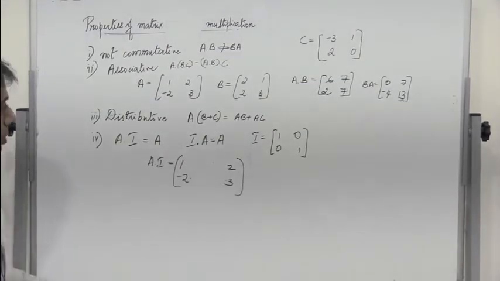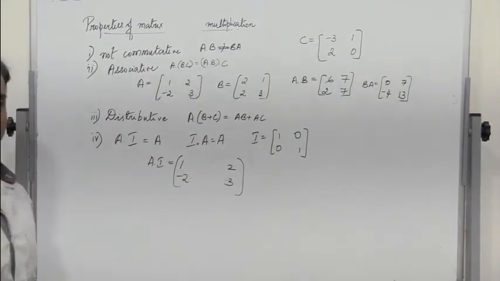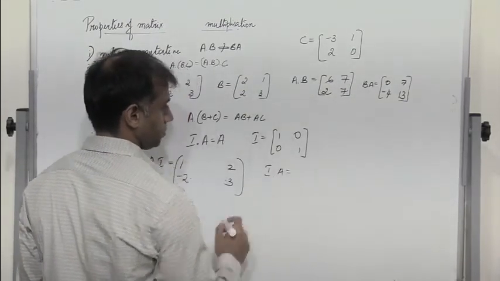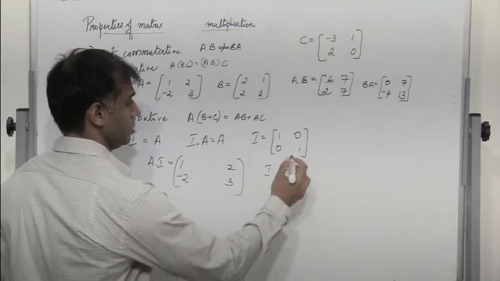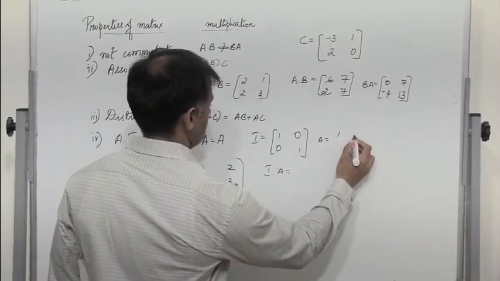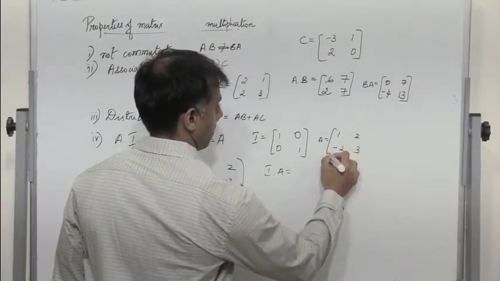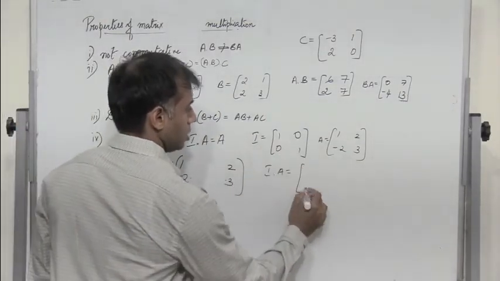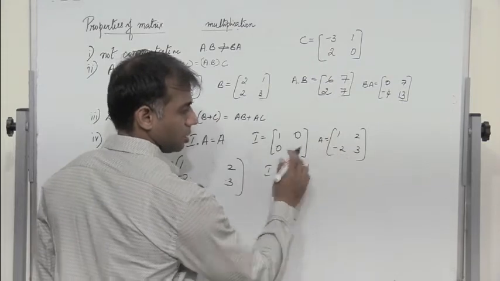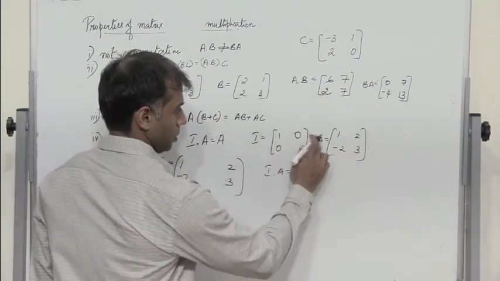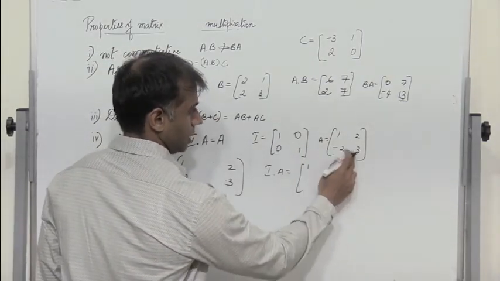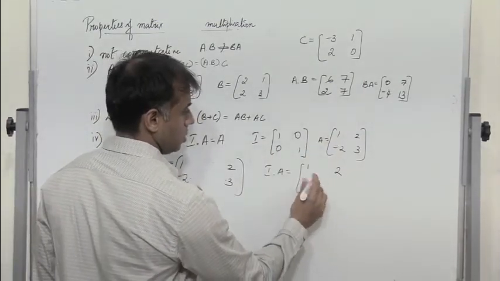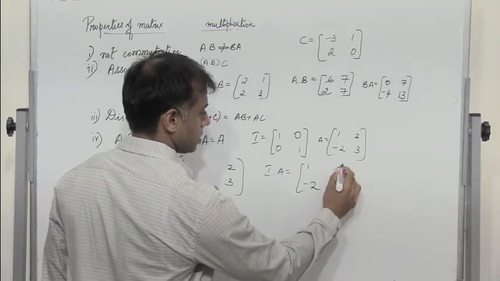Right? So now let me multiply I into A. Okay? So I into A. So let me write matrix A here. So what is I into A? 1 into 1 plus 0. 1 into 2 plus 0. 0 into 1 minus 2. 0 into 2 plus 3.